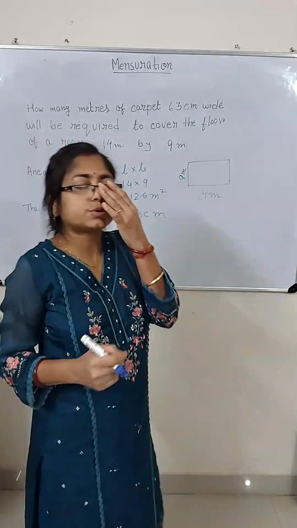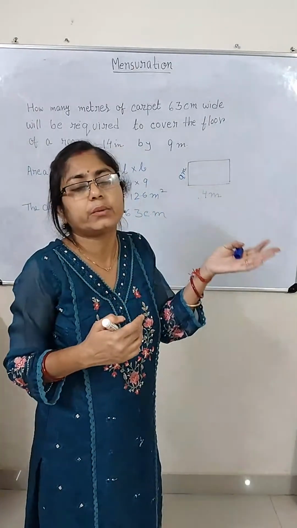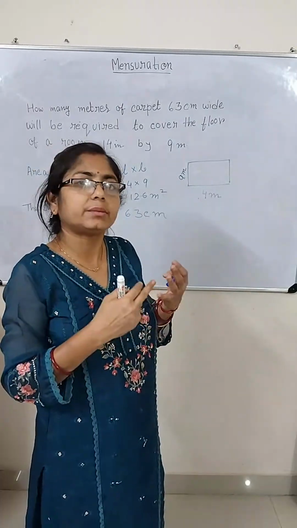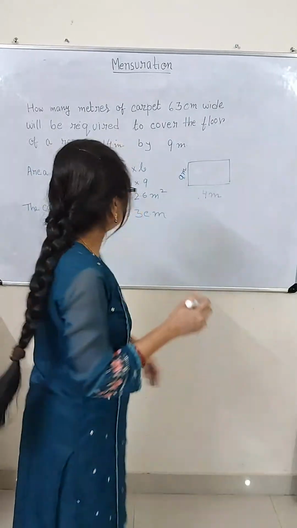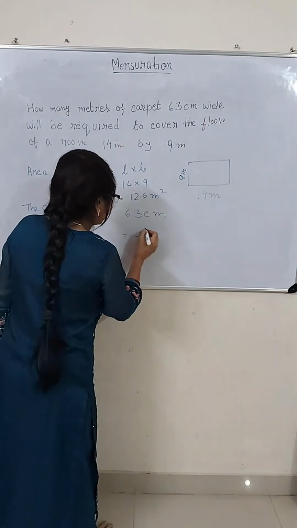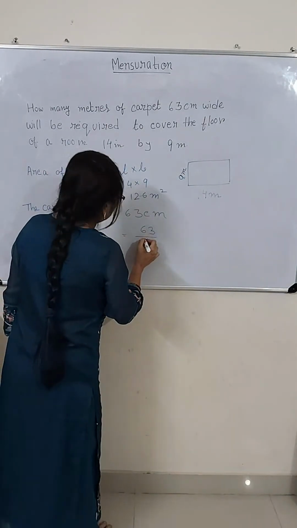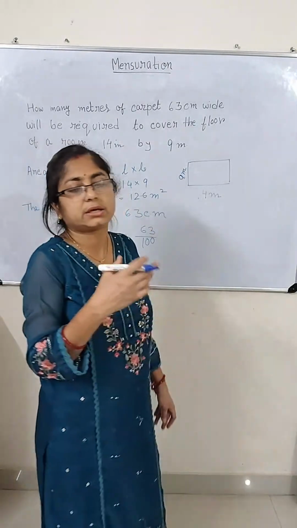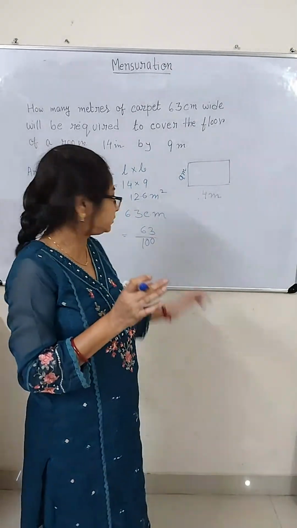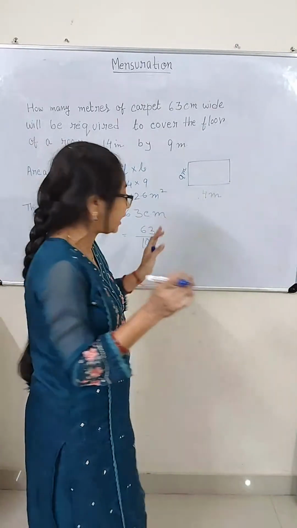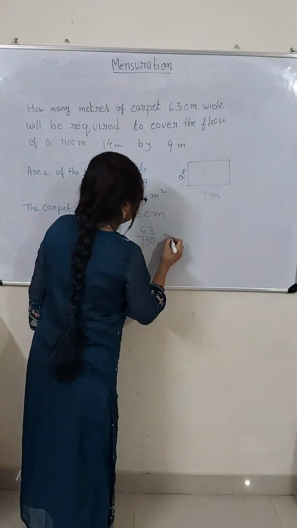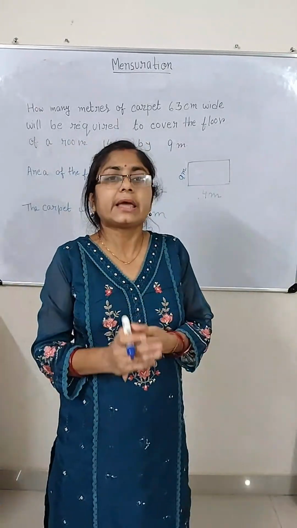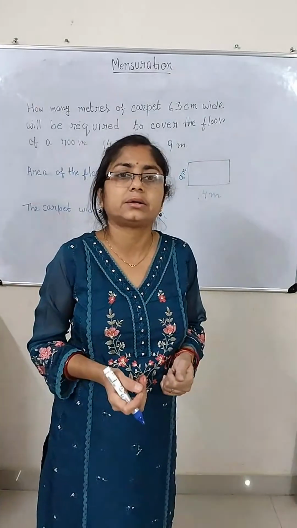When you convert a small unit to a big unit, it is divided, centimeter then decimeter then meter, so it is divided by 100. So how can I write it? I am not doing any calculation, I just change the unit from centimeter to meter and write 63 by 100. Okay, up to this one clear? If there are any queries, please write in the chat box.